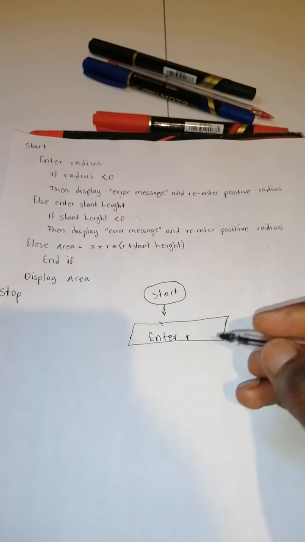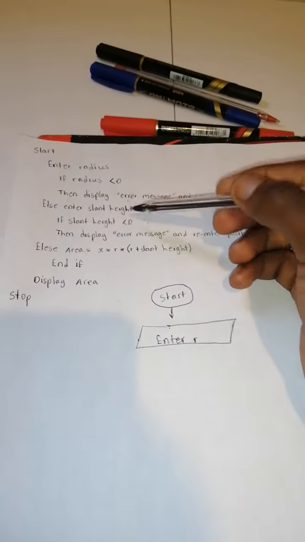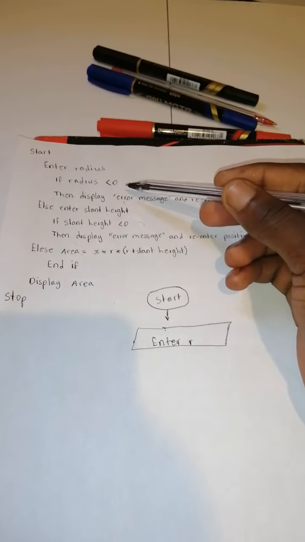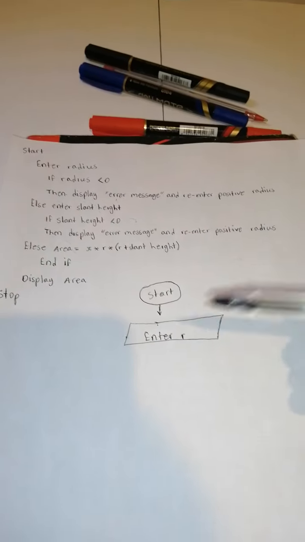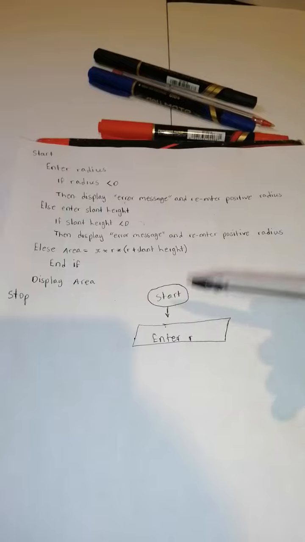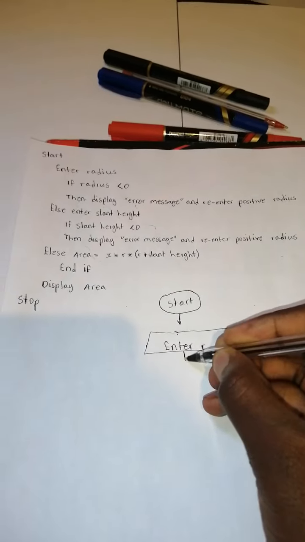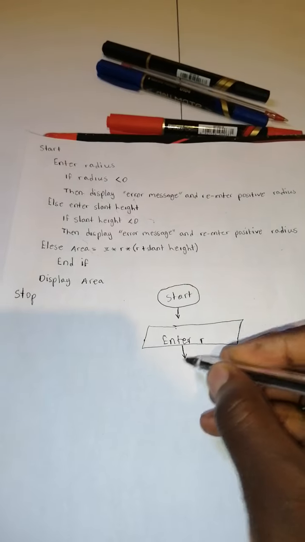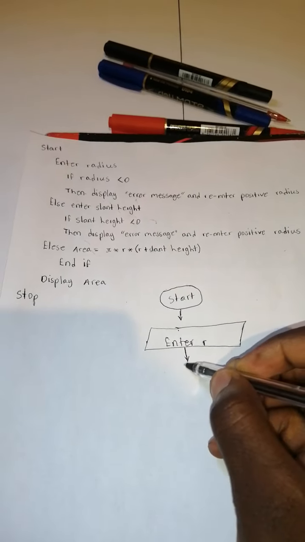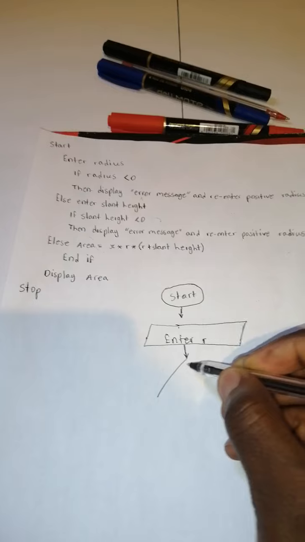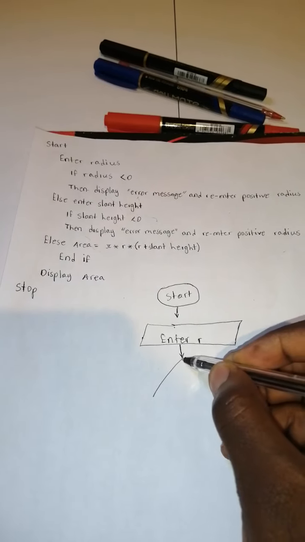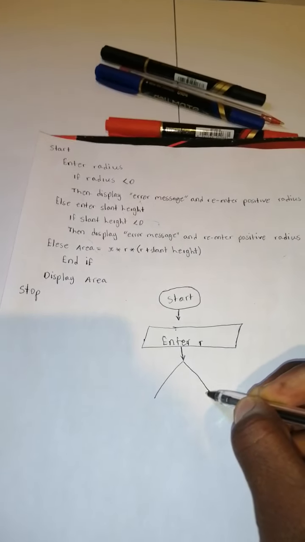After writing that, we're going to move on to the next step, which is if radius is less than 0. So if radius is less than 0, that is a decision. The shape for decision is a rhombus, which looks like a diamond.